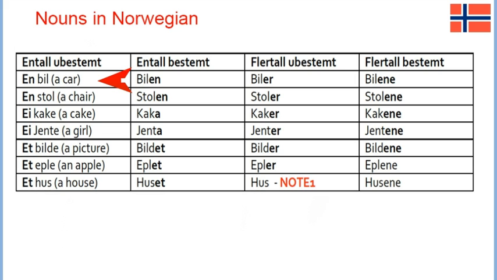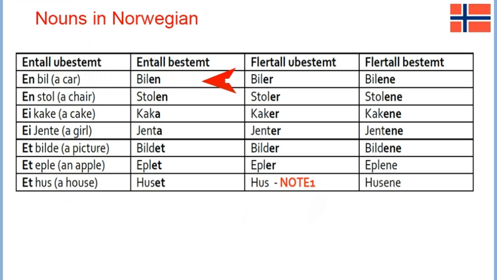If you notice the article en bil, it's the indefinite form, which basically means in English a car. To make the definite form, the car, you see the en in male nouns such as car. It gets at the end bilen.